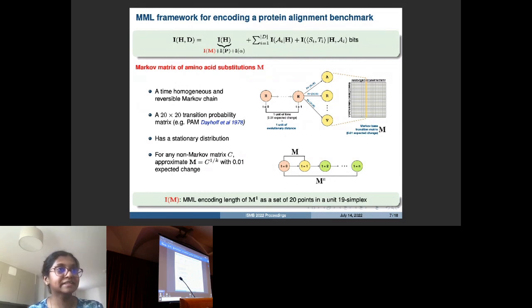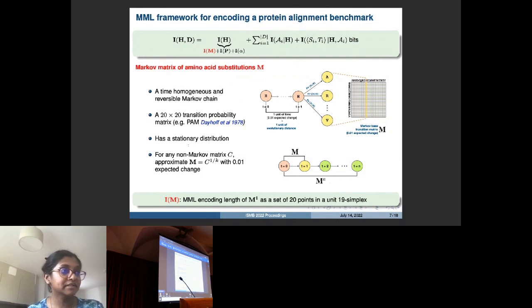Each column is a probability vector that sums up to 1. If we extrapolate this matrix to a higher power, M to the power of n, it gives us the probability of an amino acid changing into another amino acid in n time steps.